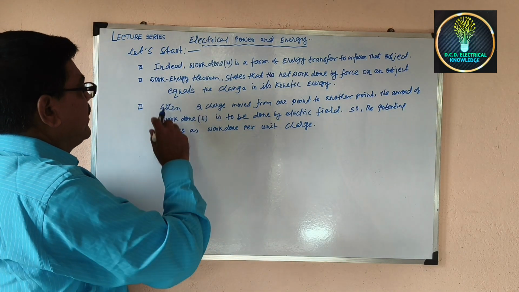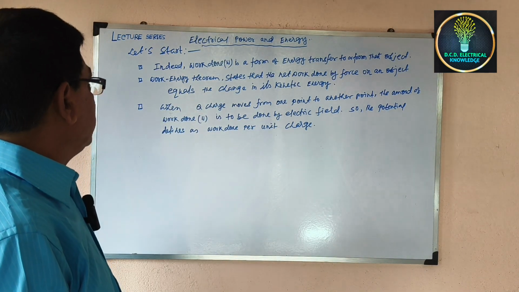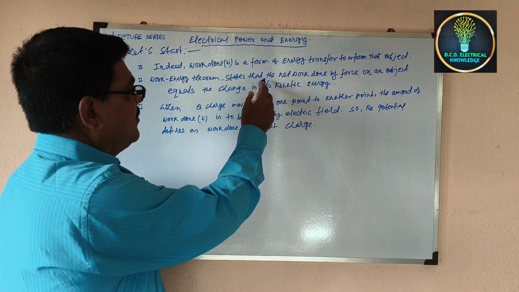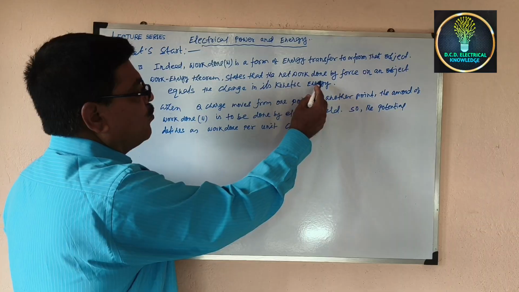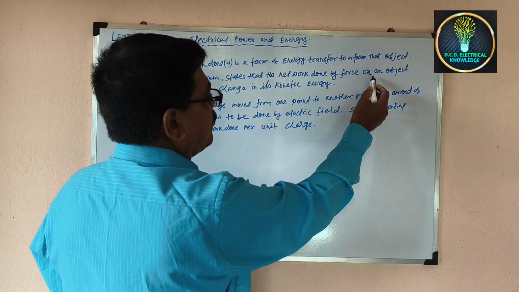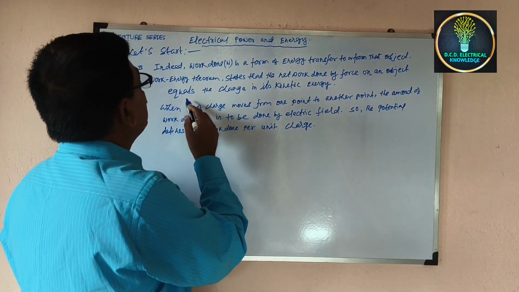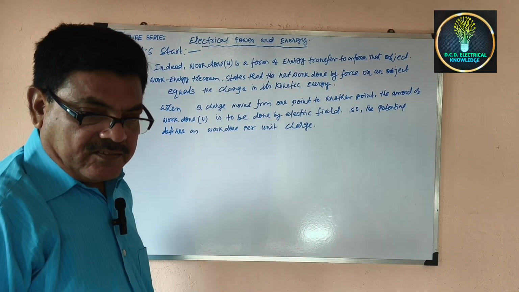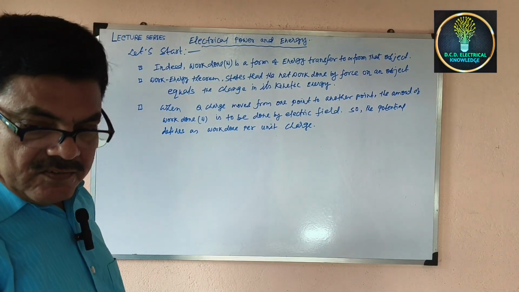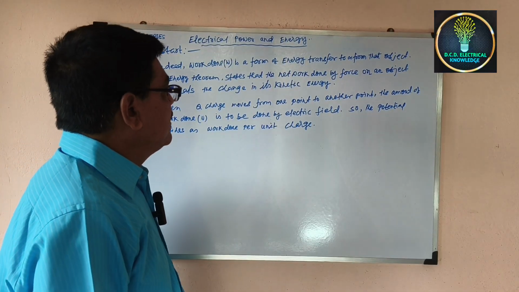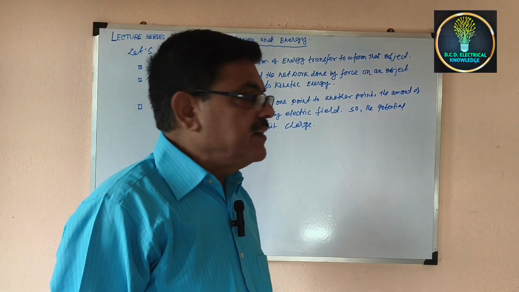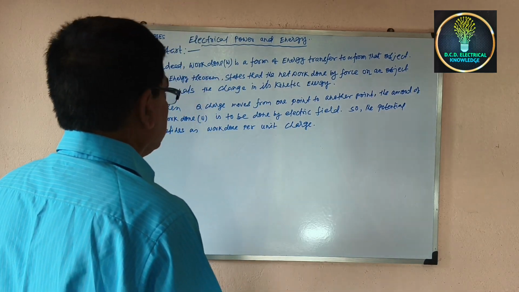According to the work-energy theorem, the net work done by force on an object equals the change in its kinetic energy. That is, work done is able to change the kinetic energy of the object.